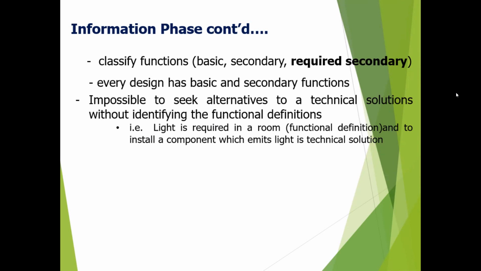But you see, some of the secondary functions are required for the primary function. To fulfill the primary function, some secondary functions are essential. Without those secondary functions, we can't achieve the primary functions of a system. When you classify it, you can understand. So we keep the required secondary function and try to remove the other secondary functions.